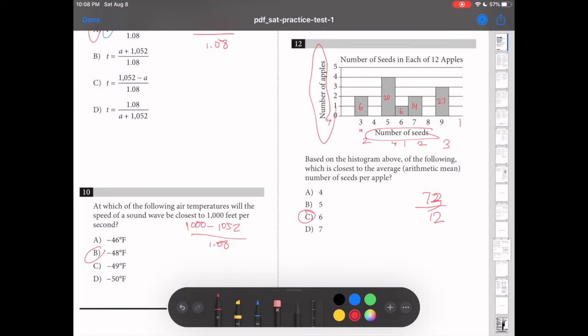Add it up, you'll get around 73. And then you need to see the total number of apples included in this sample. That's just all these bars added up, which is going to give you 12. This question is asking closest to the average, so obviously this answer is going to give you a decimal number. 12 times 6 is about 72, which is super close to 73, so we can think that the answer is probably C.